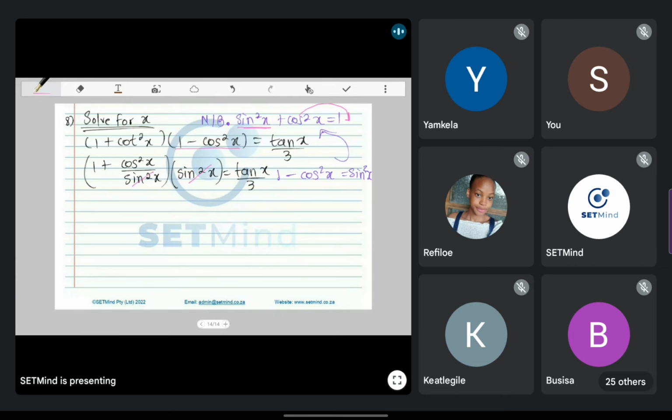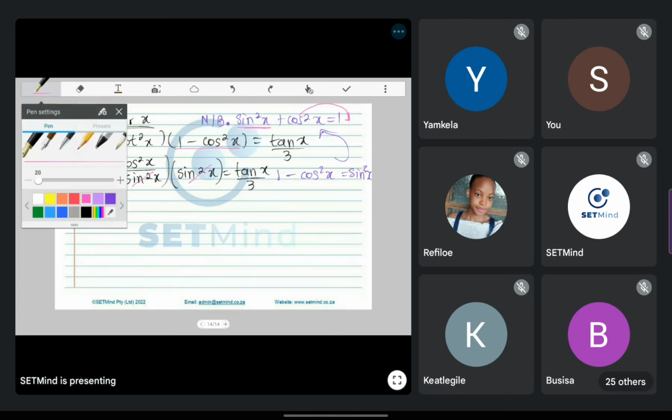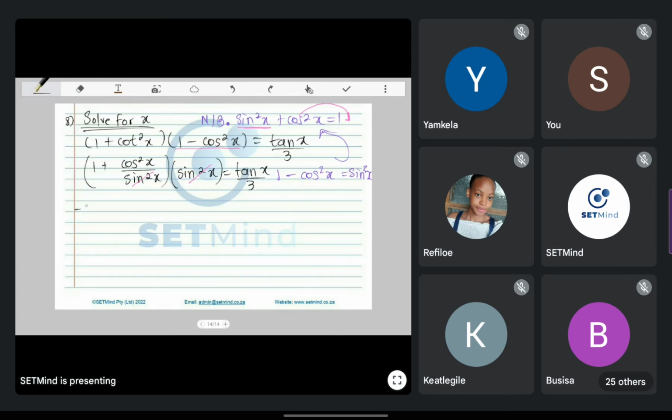And here we will have sine squared x. So let me write this next line. So we will have sine squared x plus cos squared x, because the signs will cancel. And this is going to be equal to tan x over 3.